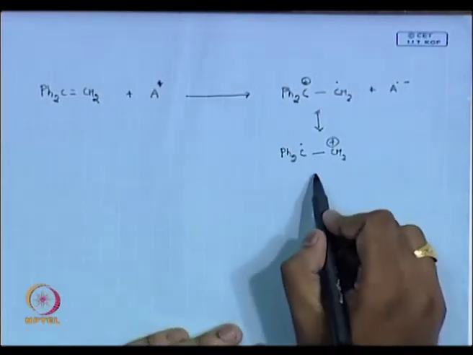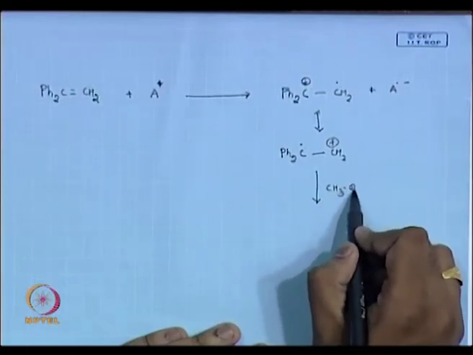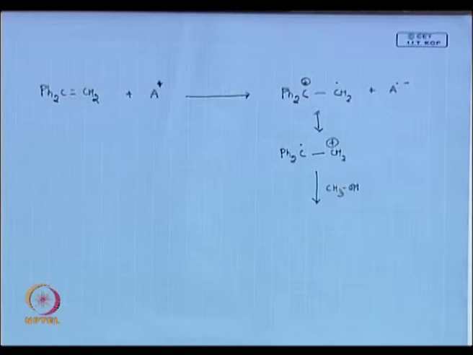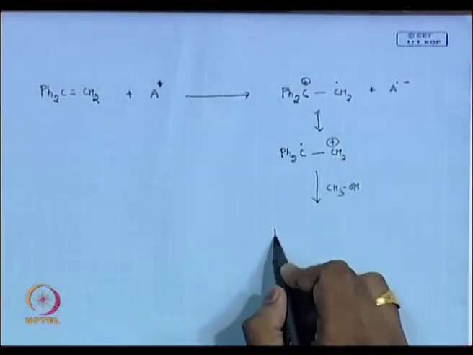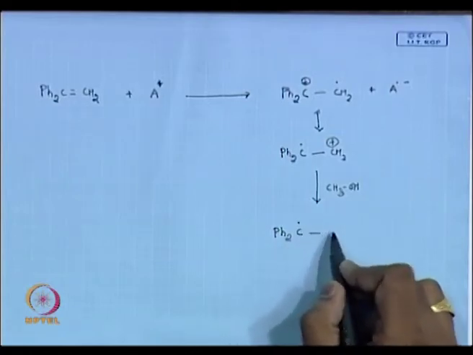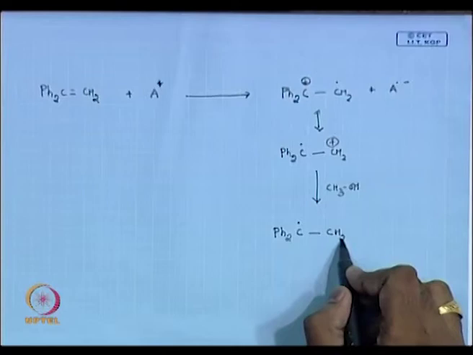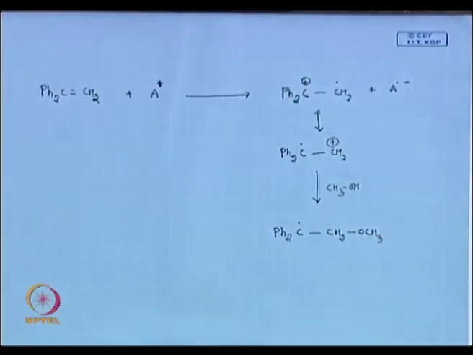Fine. Now, methanol comes into the picture. So, methanol can add to your cation to give me the radical with the OCH3 group. Now tell me what will happen.